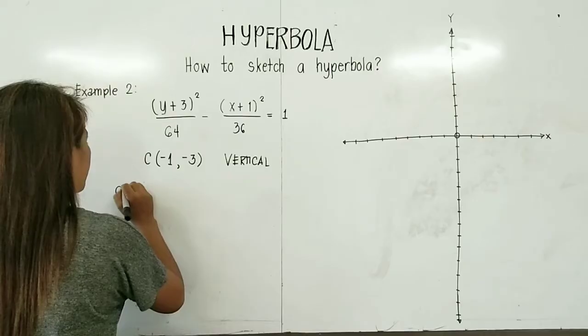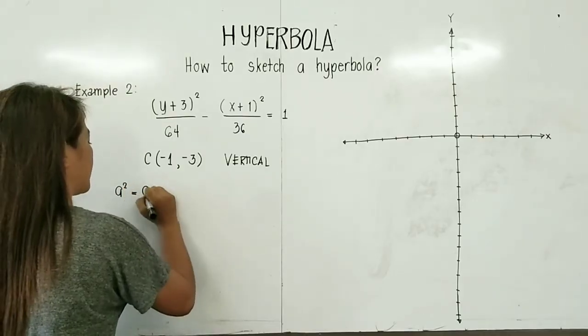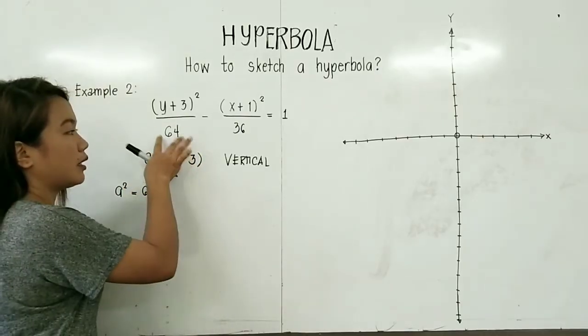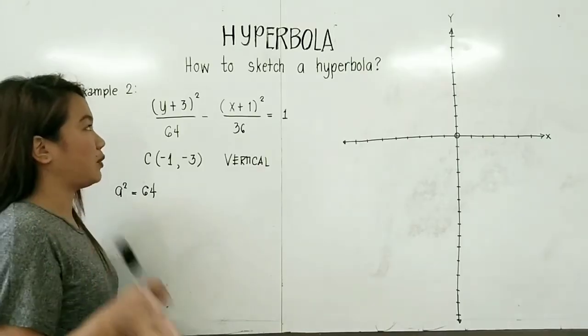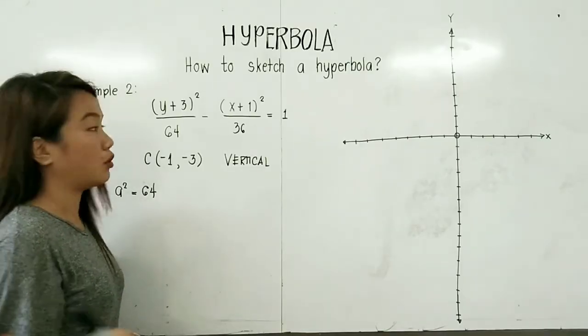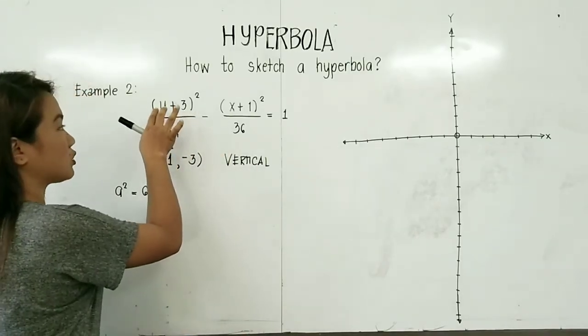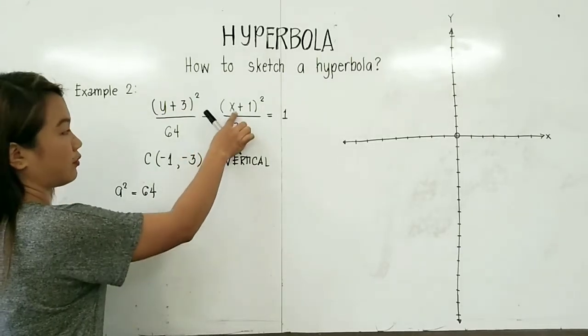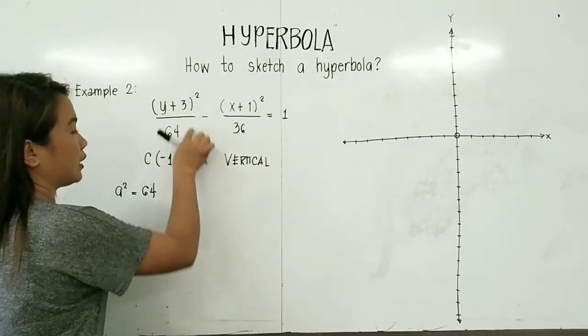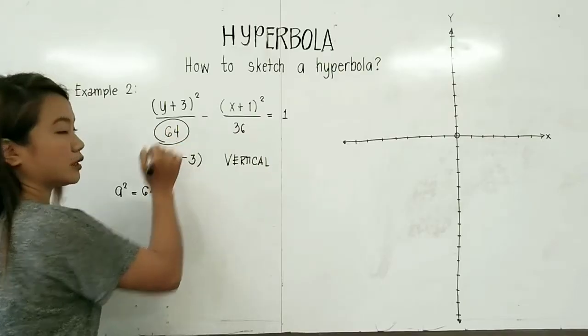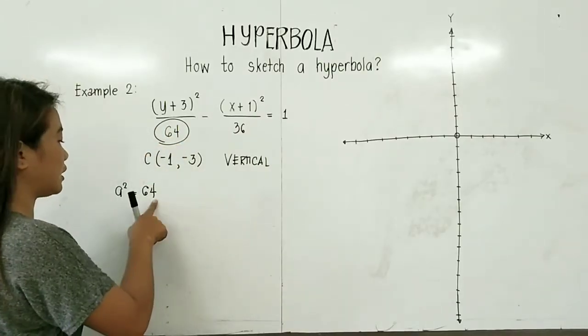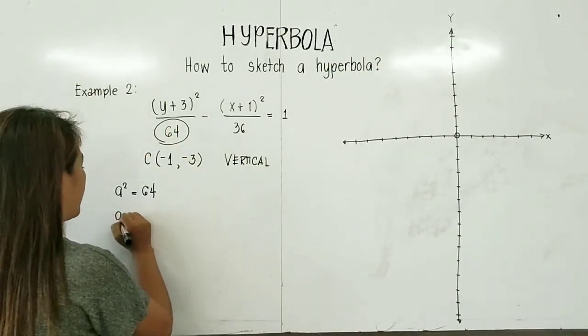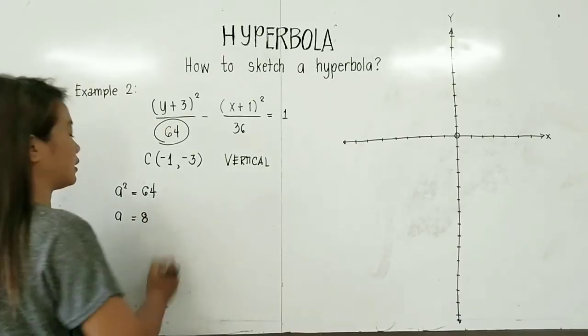So our a squared is equal to 64. Again, a squared is always the denominator of the positive variable. So our positive variable here is y because x is negative. So therefore, it is our a squared. So a squared is equal to 64, therefore our a is equal to positive 8.